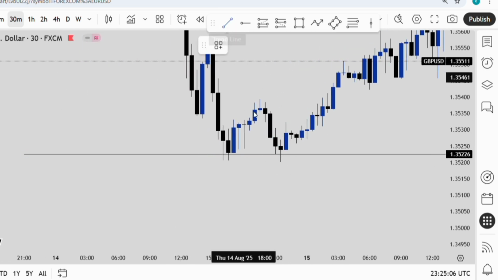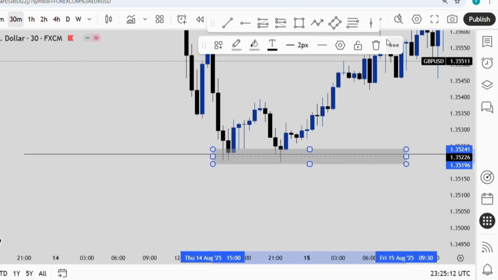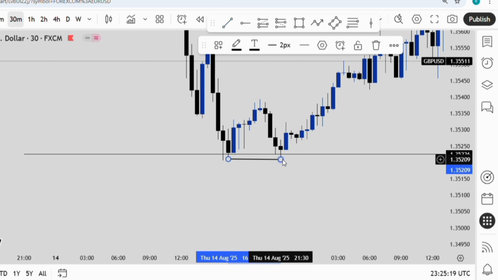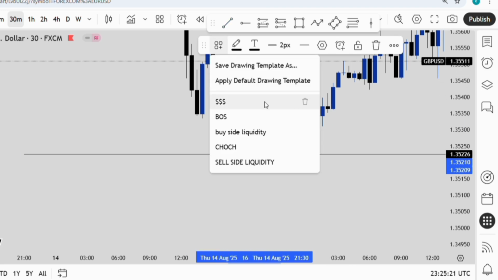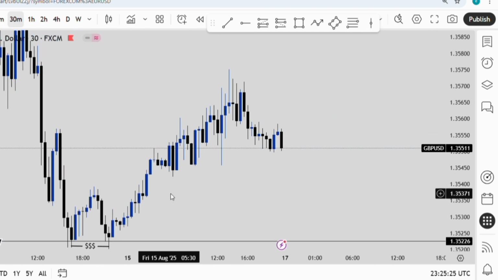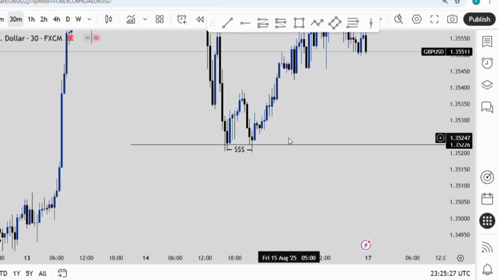You may see this as your demand area, or your support area, or your resistance area, but this is equal low because these two are equal, and this particular place is also liquidity resting in that area. Price is still going to come down and sweep the liquidity residing over here.